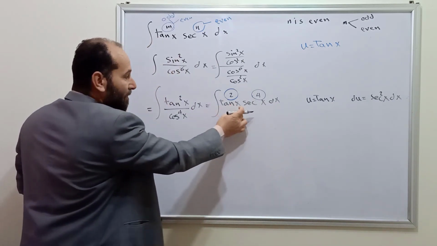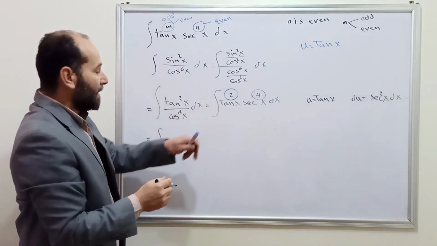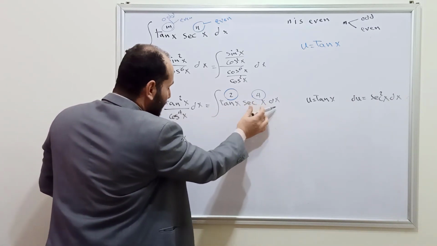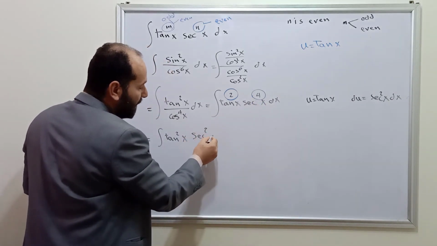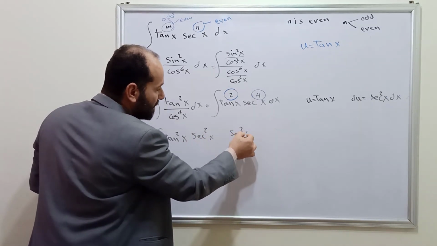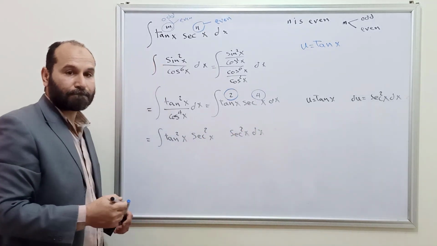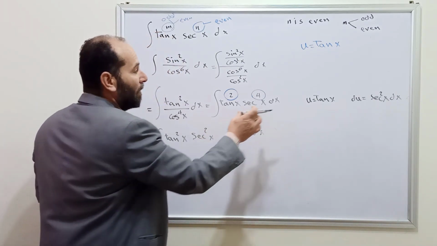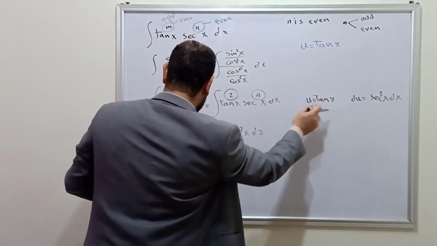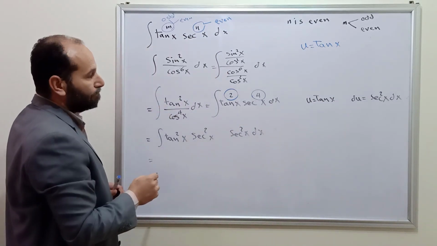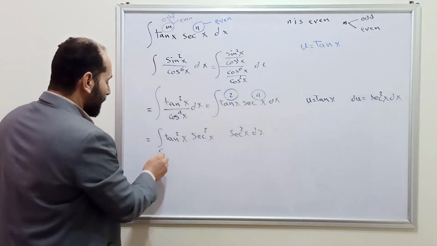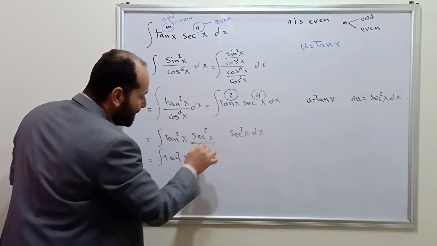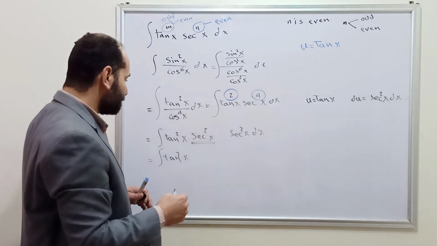So we separate this integration: tan squared x, sec power 4 x, we make it sec squared x times sec squared x dx, and we integrate by this substitution. We convert the rest to tan.